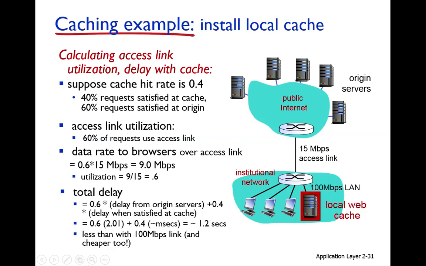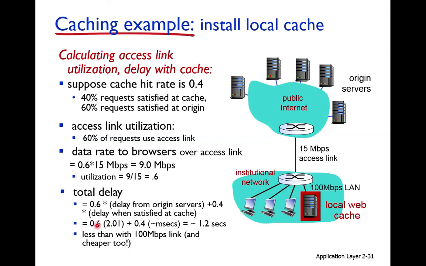You can see that for the 60% of objects, the delay is from the origin server. From here to here it is some microseconds, from here to here it is some seconds, and from here to here it is 2 seconds.